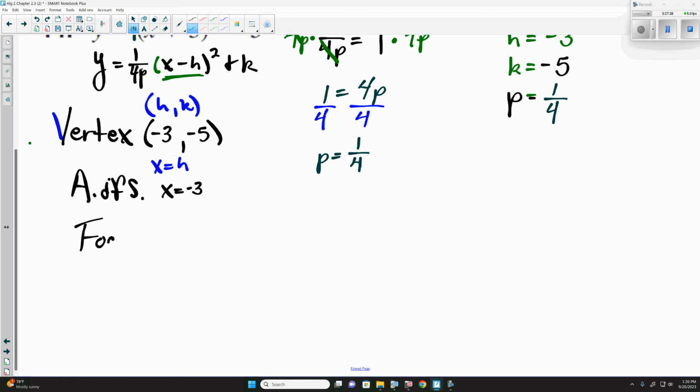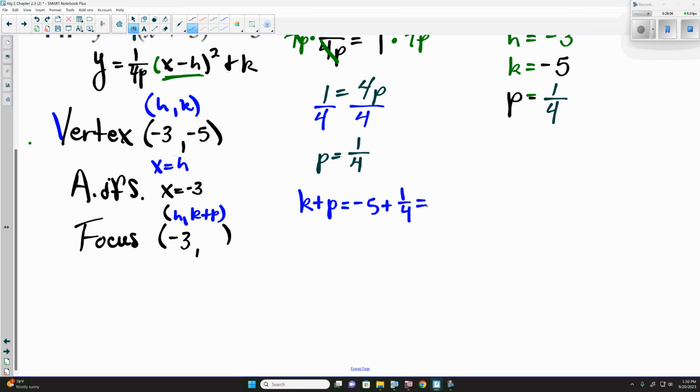Our focus is h comma k plus p. Well, the h value is still -3. Now our k plus p, well, our k value was -5 plus 1/4.